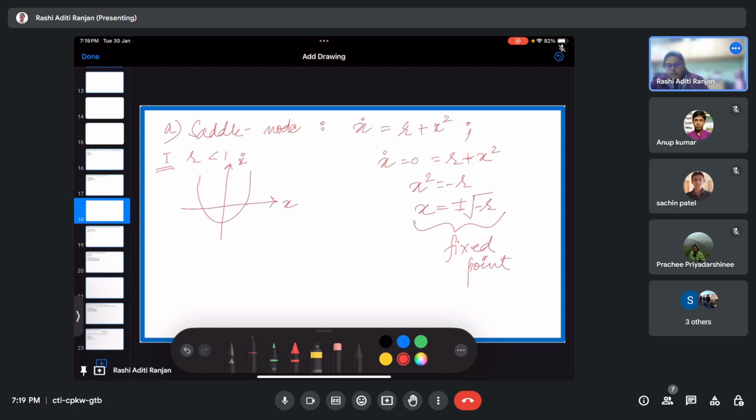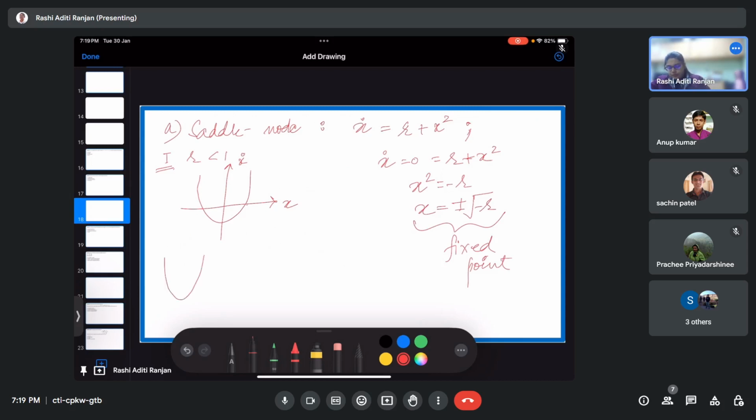I don't know whether you people know it or not, but I'll just tell you that in order to know whether these fixed points are stable or unstable, when we say stable or unstable, it means whether the system is going to achieve it or not. It comes from the concept of stability that you must have known.